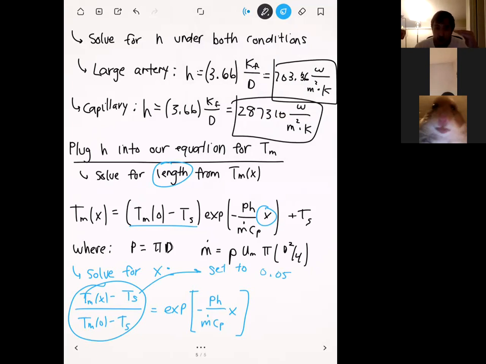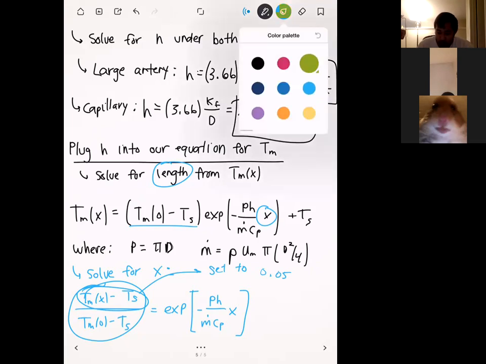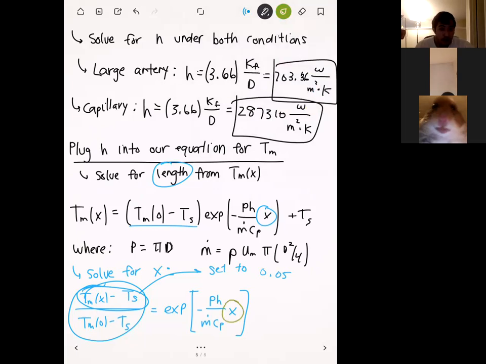And so that's the initial temperature difference between the wall and the fluid, right? And so once that difference gets to only about 5%, which is what we have right here up top, that's when the blood temperature and the surface temperature are within 5% of each other, okay? And so we're going to set that entire left side equal to 0.05 and then continue solving for x. Okay.